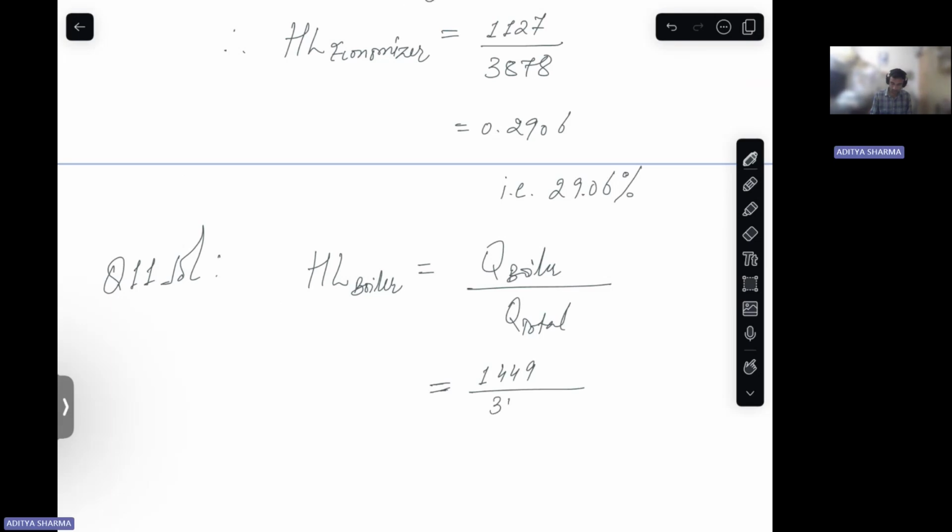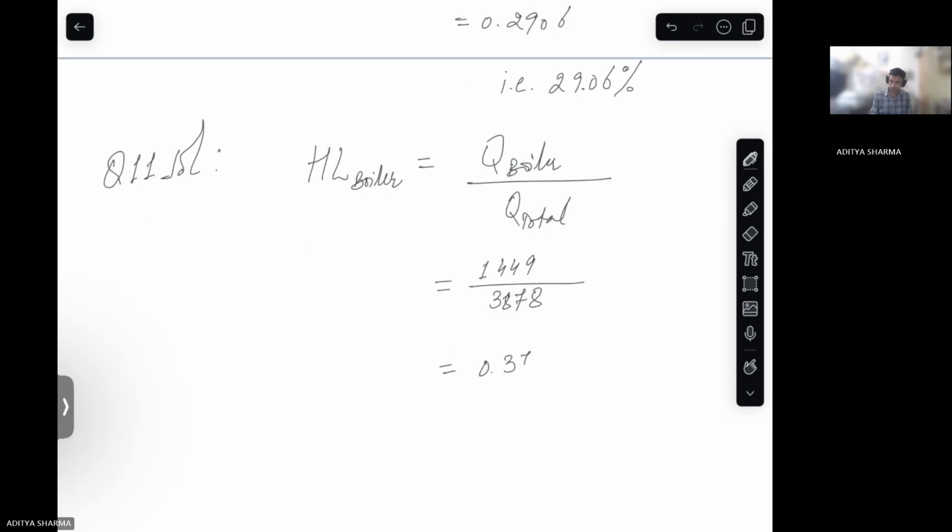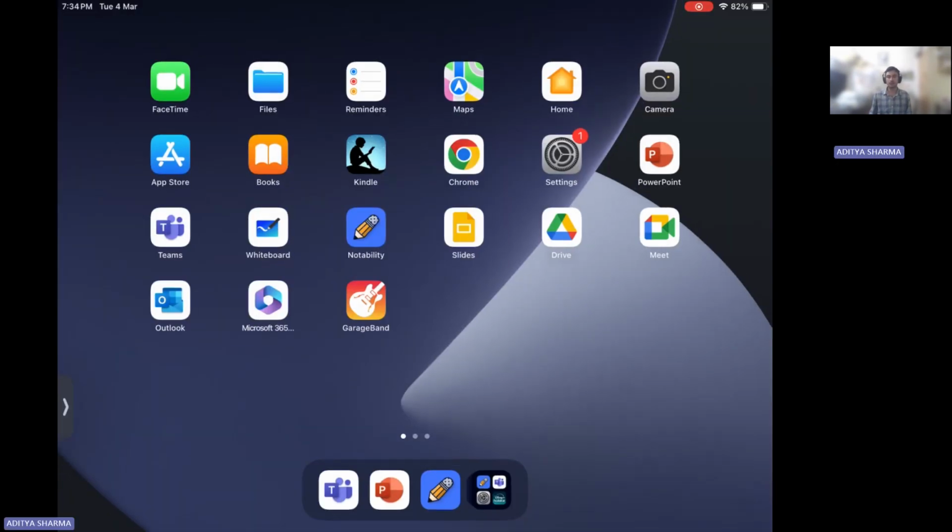Q total is 3878. So now if you solve this, this is 37.36%. Okay, this is your question number 11.